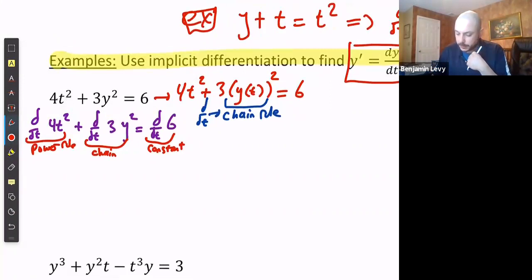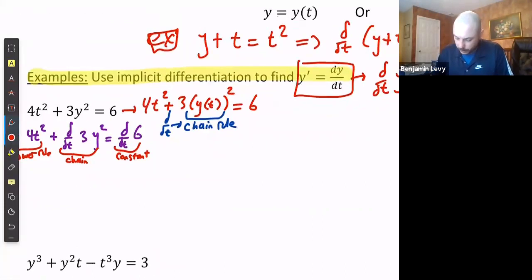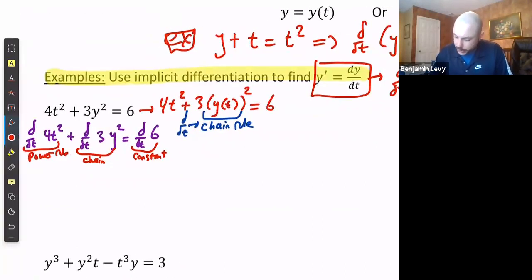Let me just pause here and see if that seems okay so far. So, okay. Let me just do the chain rule part of this over here on the side.